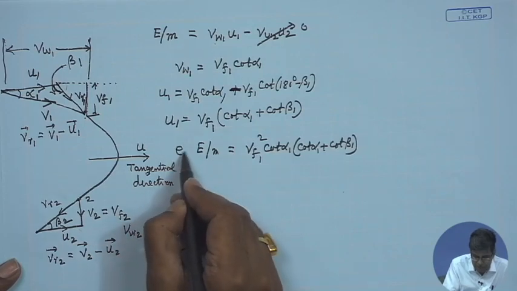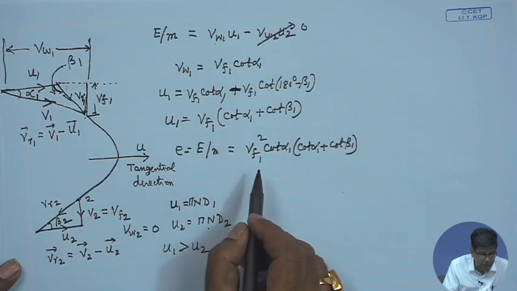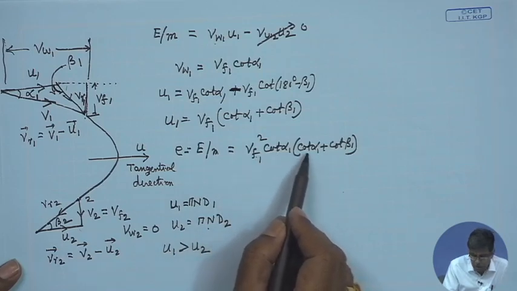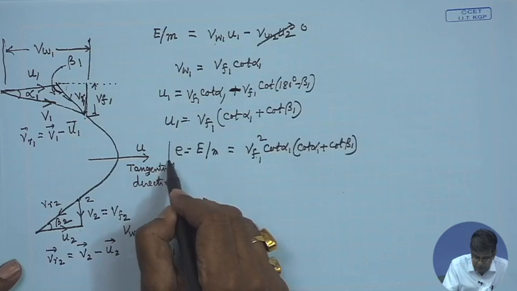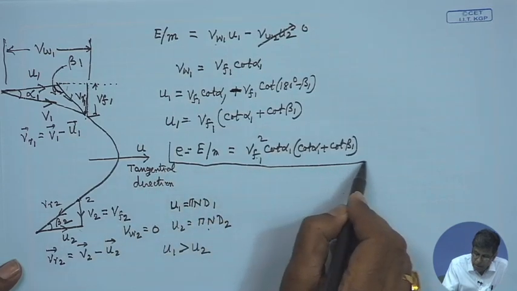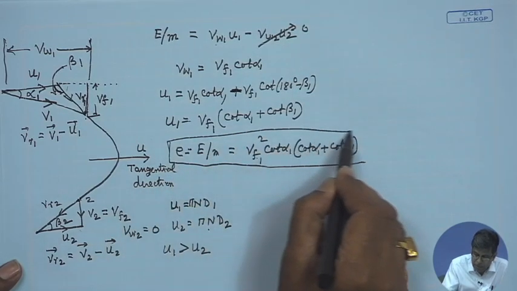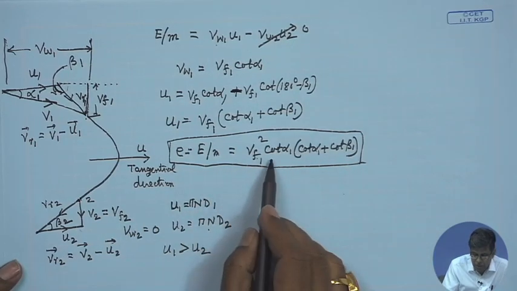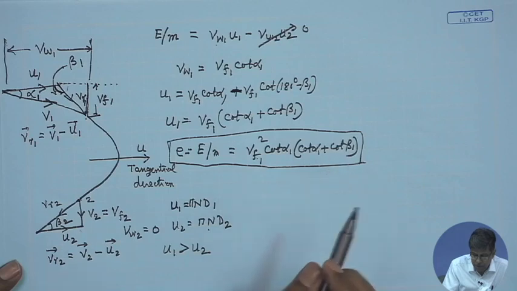This we can denote as small e, that is being delivered, that is VF1 square cot alpha 1 into cot alpha 1 plus cot beta 1. This is the energy per unit mass; head is energy per unit weight delivered, VF1 square cot alpha 1 plus cot beta 1.